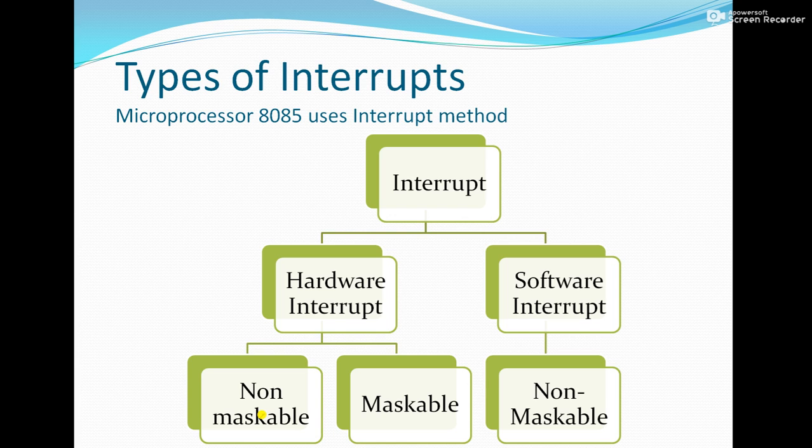Some of the hardware interrupts are maskable and some of the hardware interrupts are non-maskable. But all the software interrupts are non-maskable. Now we will understand what are the maskable and non-maskable interrupts.